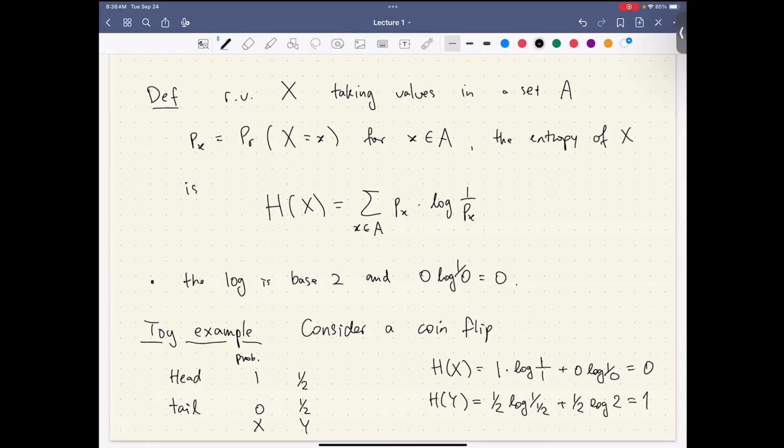Easy to compute. Each summand is 1/2, so the total is 1. And later we will see that if you adjust this probability, we only have two outcomes, so the probabilities a plus b always equal 1. The maximum entropy we will see is the fair coin flip, which is 1.